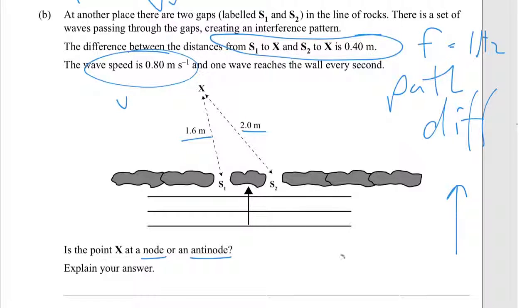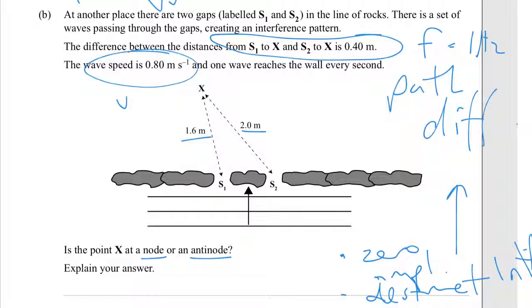A node is a point of zero amplitude due to destructive interference. The destructive interference comes about because a crest is meeting a trough and they cancel each other out.